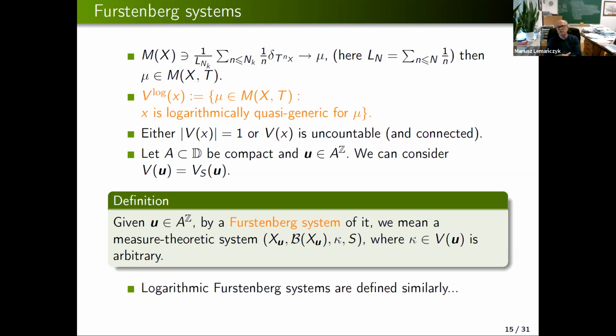And of course, logarithmic Furstenberg systems are defined similarly. So what we should keep in mind is that given an arithmetic function, we associate to it probably uncountably many measure-theoretic dynamical systems.